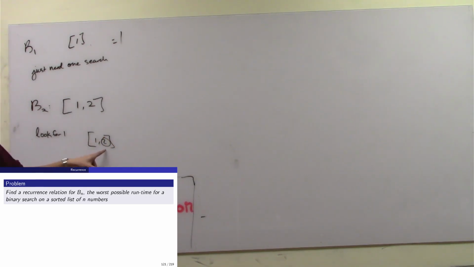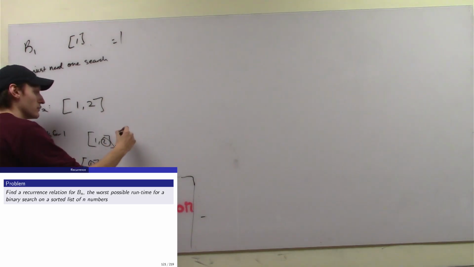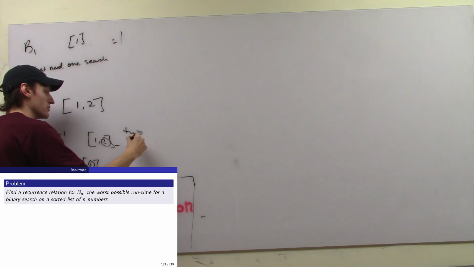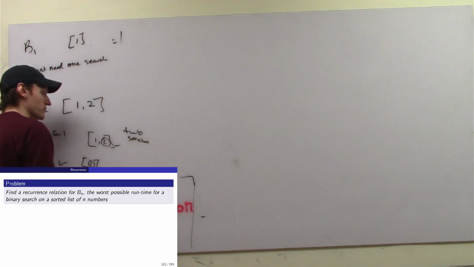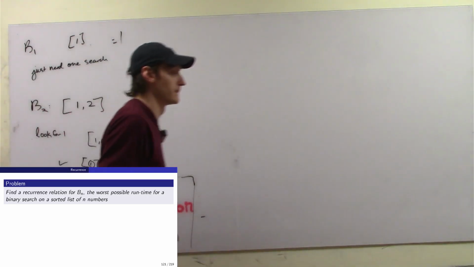If I was looking for 2, I'd be done. If I was looking for a number less than 2, I would throw this away and look right here. Now I have a list of length 1, and it took me 2 times to find this. So I found it after 2 searches at worst. So this was equal to 2.